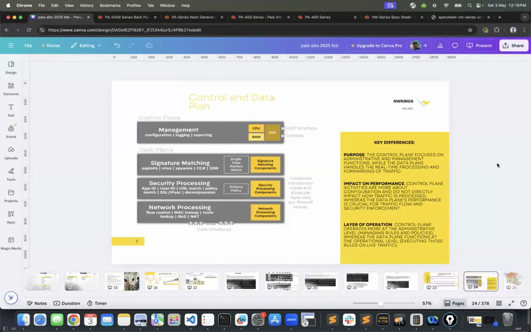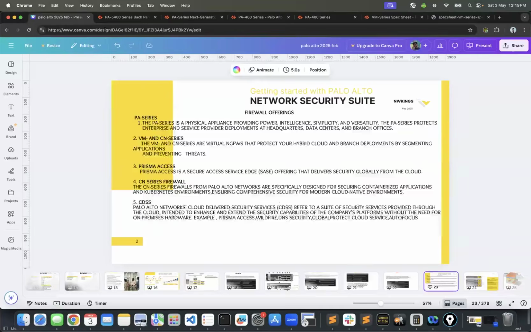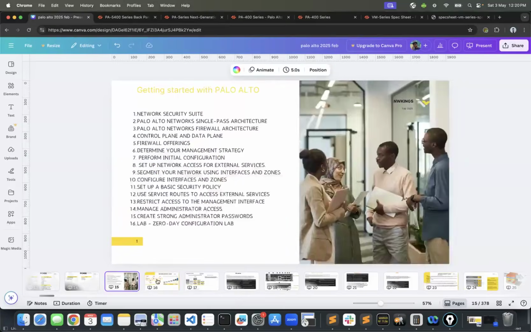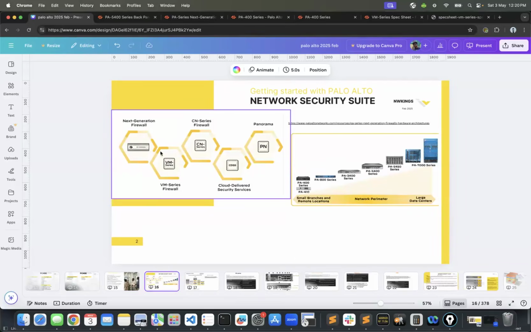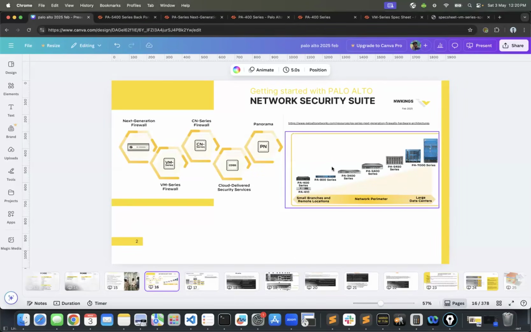Sir, I don't understand the logic behind Prisma. Can you shed some light, if you don't mind? Okay. As per my observation, this is the thing we covered and just explained, and this is the thing we are gonna touch: Prisma Access and Prisma.